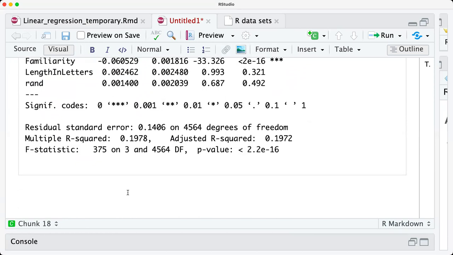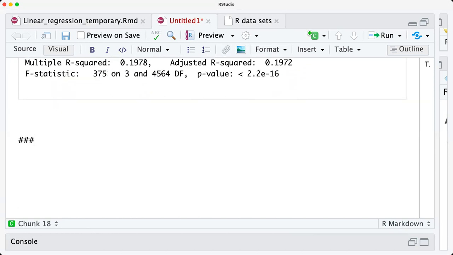Now, some causality questions, which are maybe the funnier part.